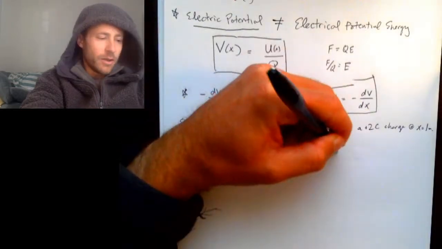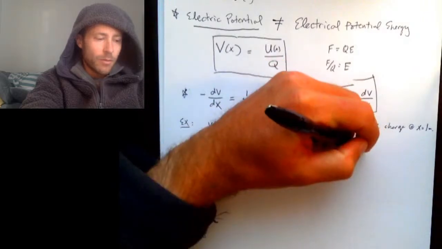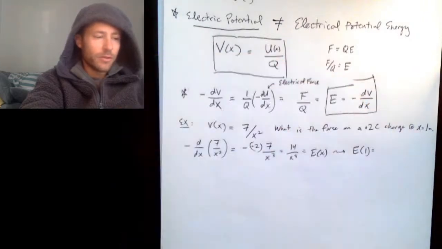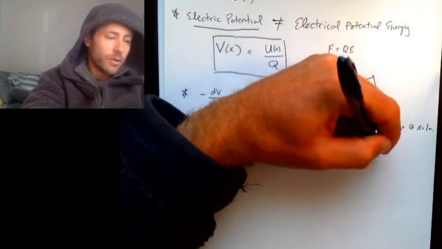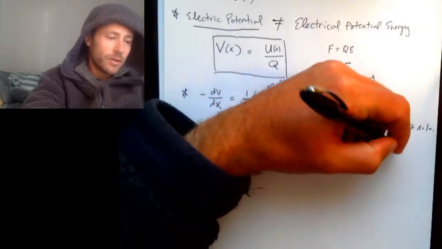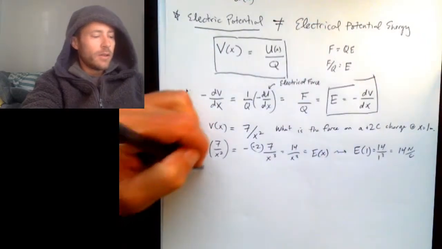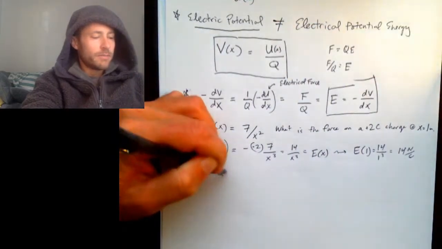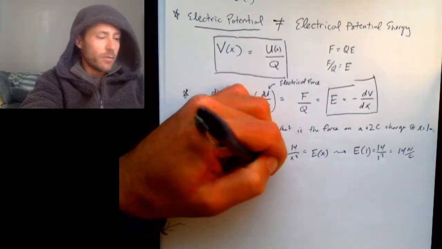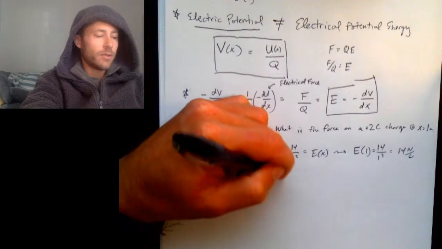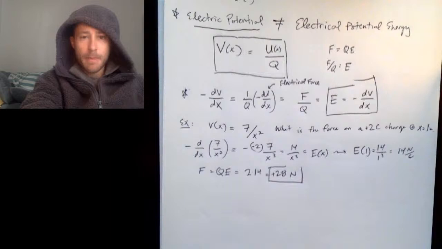Then I would plug in x equals 1, because I want to know what is the force at 1, so the electric field at 1 is going to be 14 over 1 cubed, which is just 14 newtons per coulomb. And then force is QE, so I have 2 times 14 for a force of plus 28 newtons. Okay?